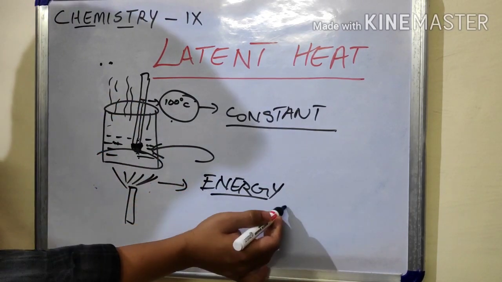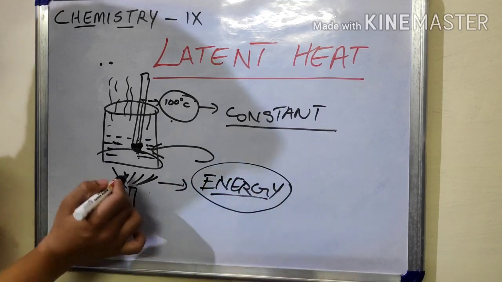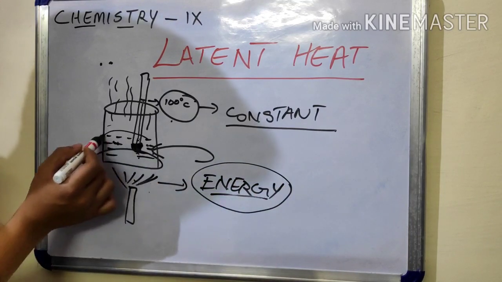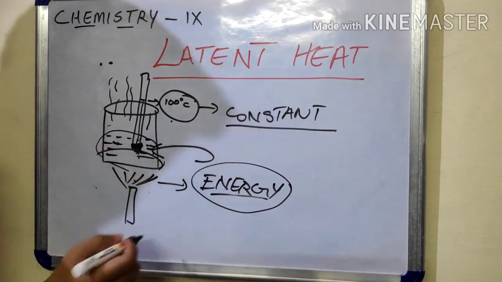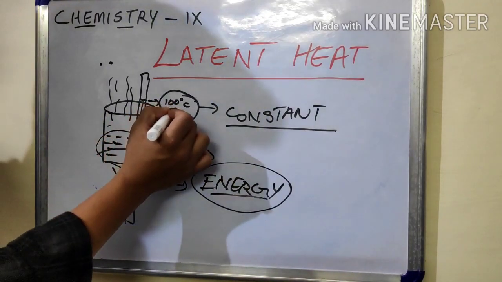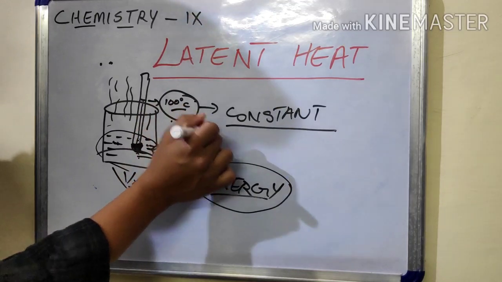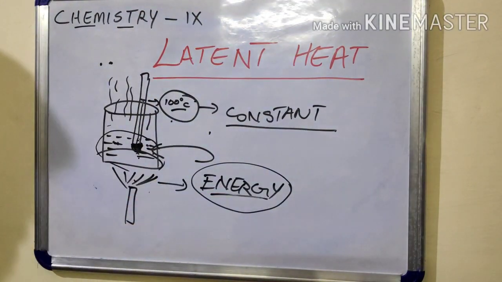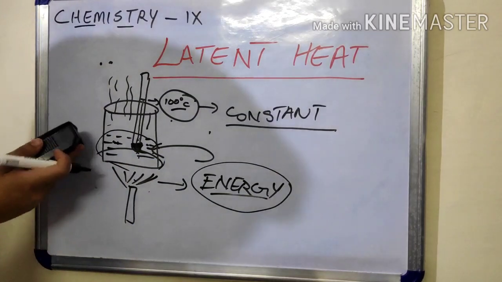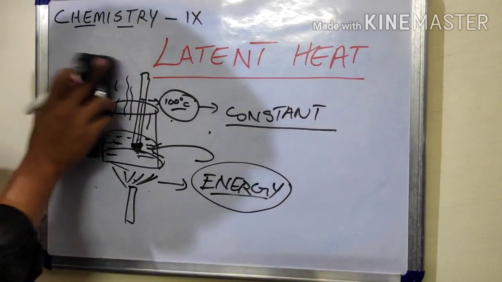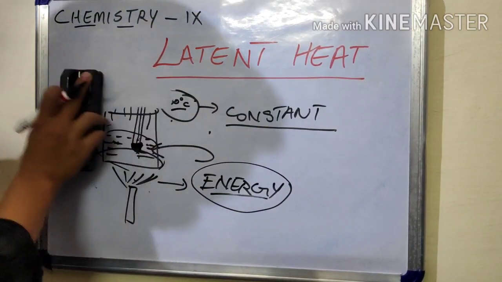All the heat energy you are providing is being used to convert this water into steam. That is why there is no rise in temperature. This is known as the latent heat of evaporation or vaporization. So let us write this.